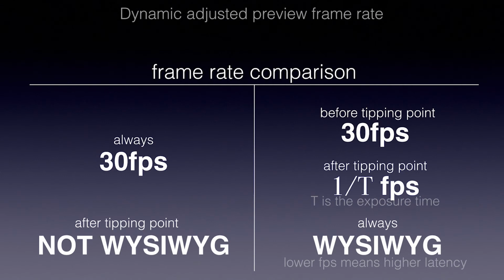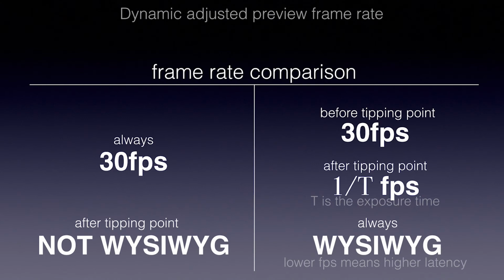But you have to know that the lower frame rate means the higher latency, especially when you go up to 1 second exposure time. Your preview will refresh only once every second. So this very low FPS means there's a higher latency, but you get a very precise preview result.